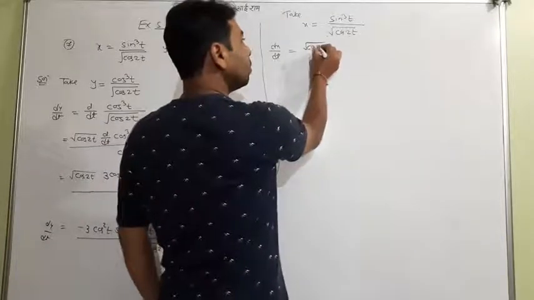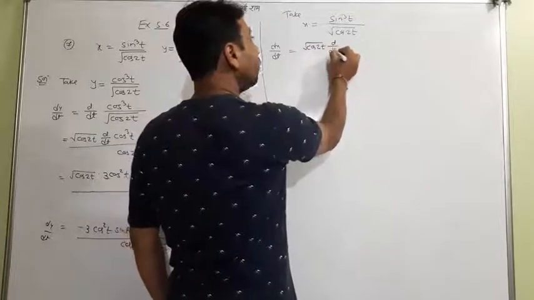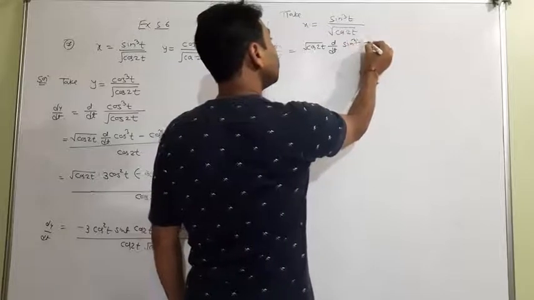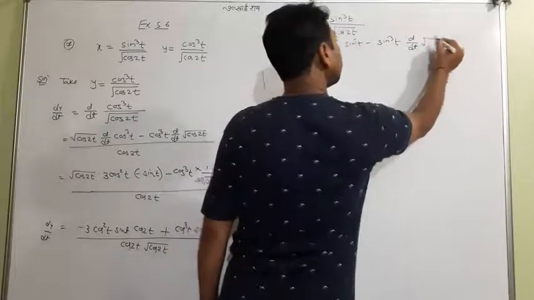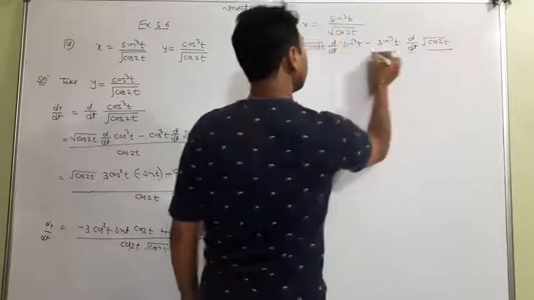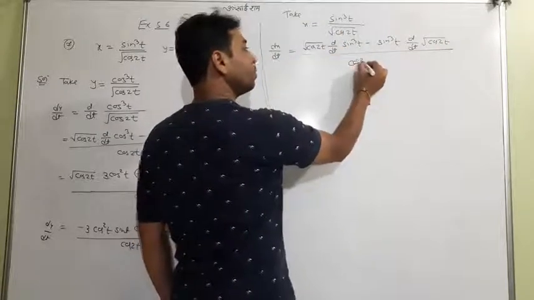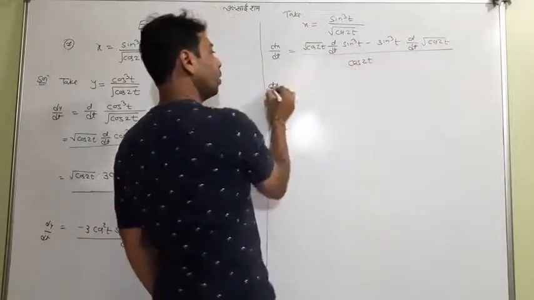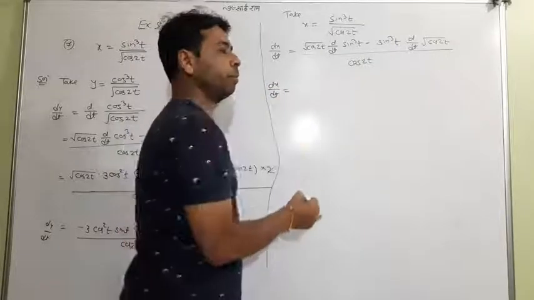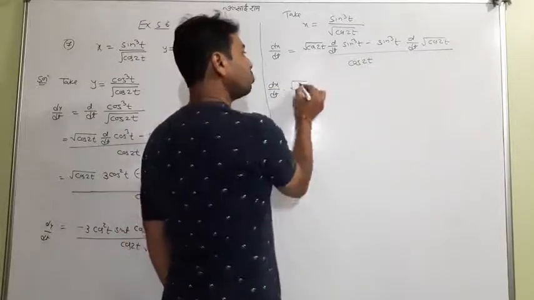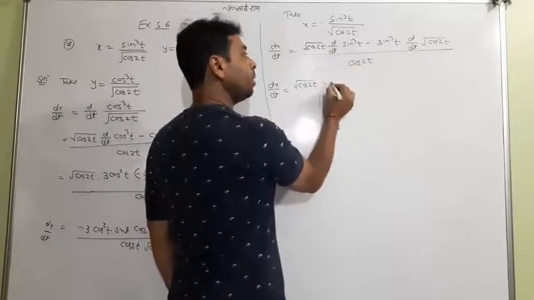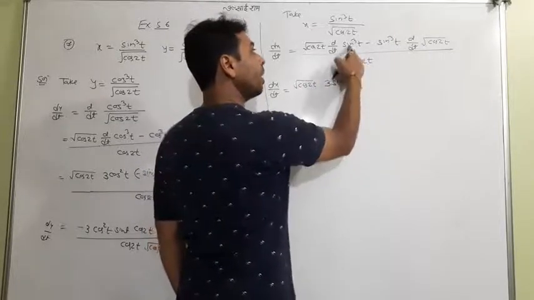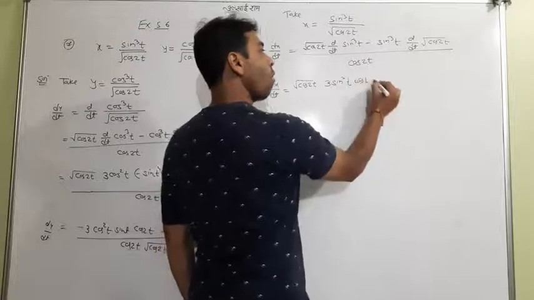Denominator d by dt of numerator, opposite, sine cube t d by dt of denominator, whole upon the square. dx by dt will be, this is cos 2t, d by dt of sine cube t will be 3 sine square t, and again the derivative of sine t is cos t.